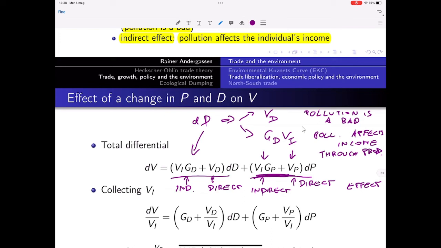The price affects welfare directly, but it also affects welfare indirectly, because a change in prices affects the choices made on the production side, so what is produced in the economy, and therefore the income generated, and therefore utility.